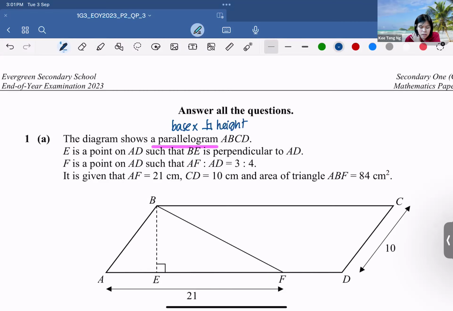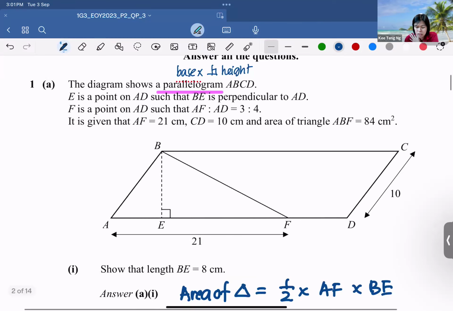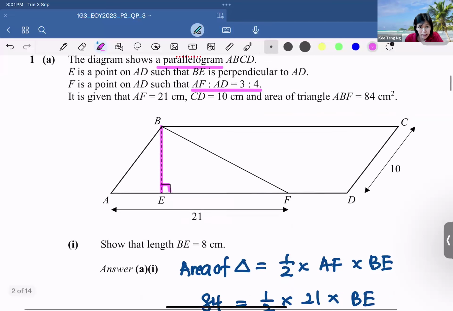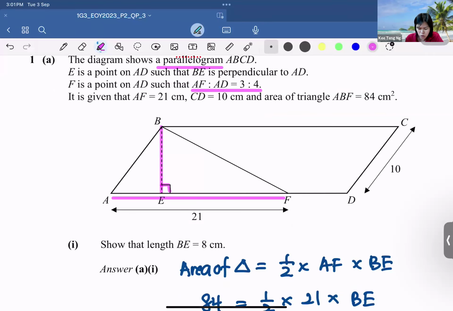Next, they tell me E is a point on AD such that BE is perpendicular to AD. So it means this is 90 degrees over here, and you have the height BE. They also tell me that the ratio AF to AD is 3:4. Let's observe a little bit. AF is this portion over here, so AF is 3 units.